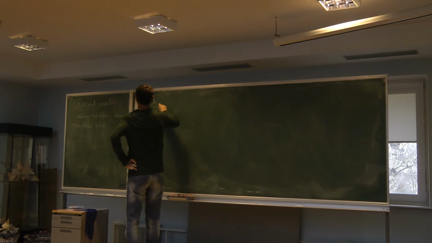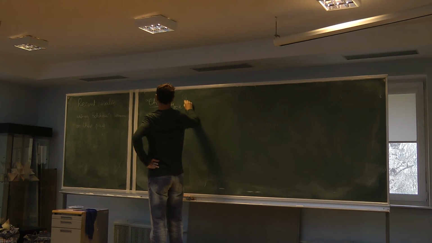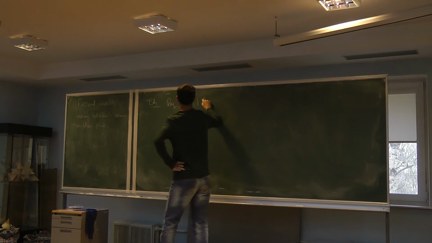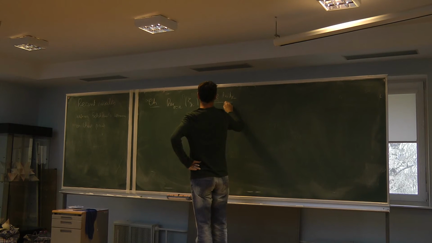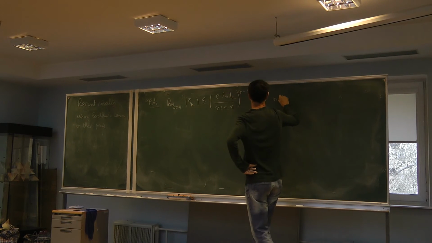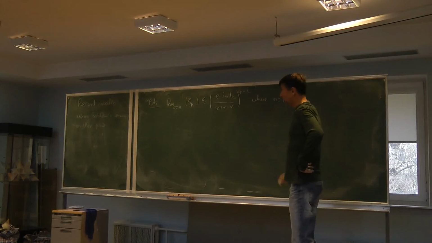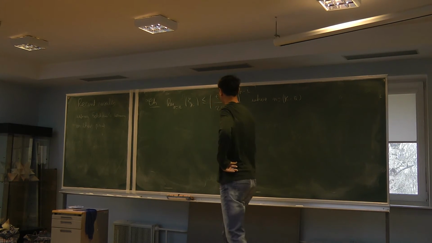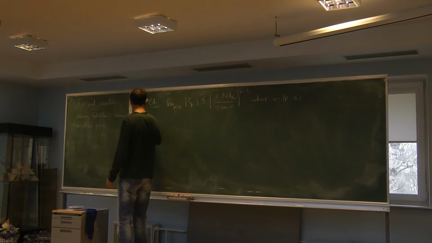So the first one is that it was known that the residue at s equal 1 of any zeta function is less than some explicit bound, where n is the degree. Okay, so this is a general upper bound on residues. I don't know which one is the name and which one is the first name.